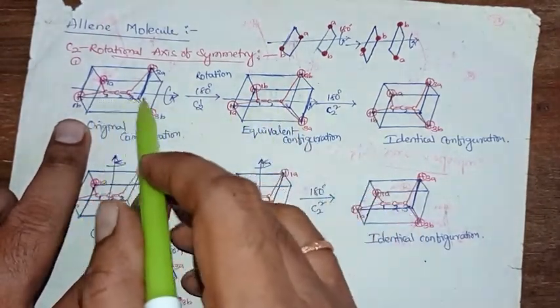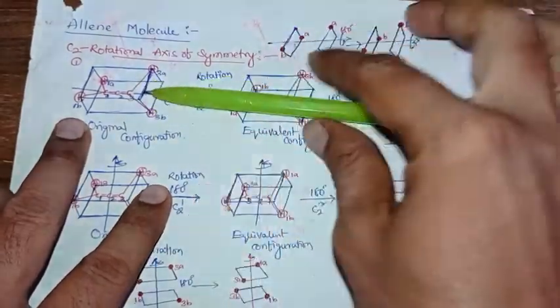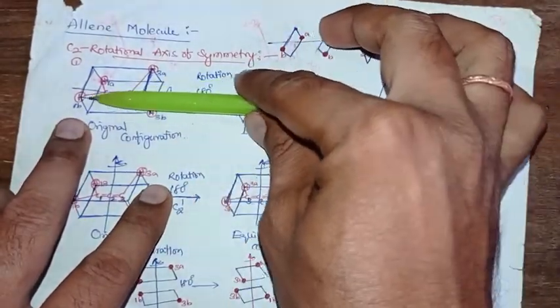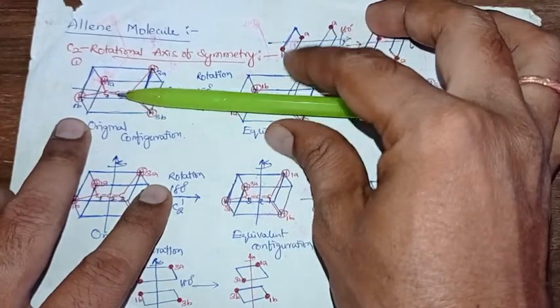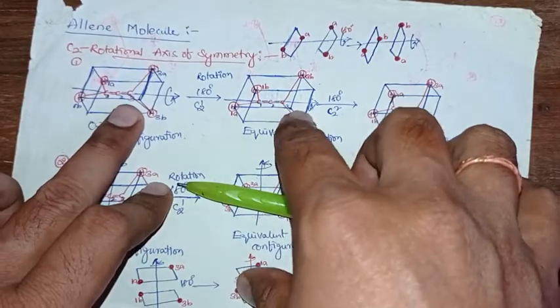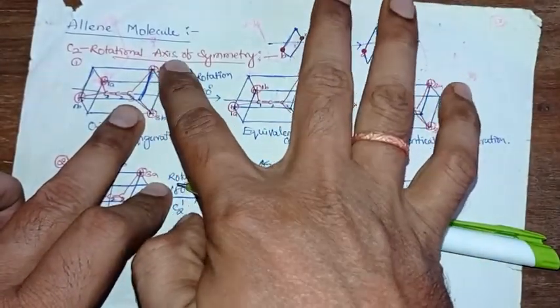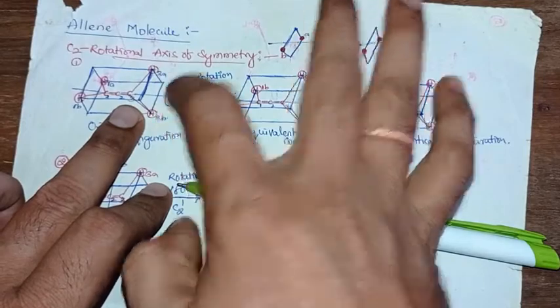The carbon positions will not be changed while we do the rotation. 1, 2, 3 get retained, whereas the hydrogen positions will get exchanged.